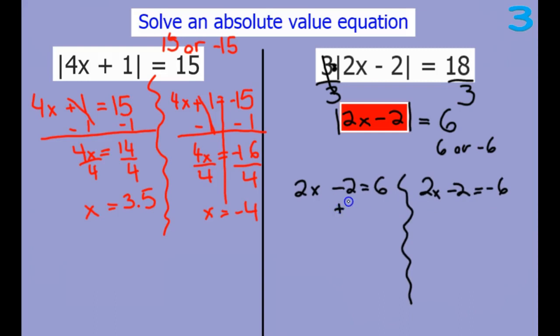We need to add 2 here and add 2 here. We can cancel those out. We get 2x equals 8. Divide by 2 to get x by itself, and x equals 4. Over here we also need to add 2.